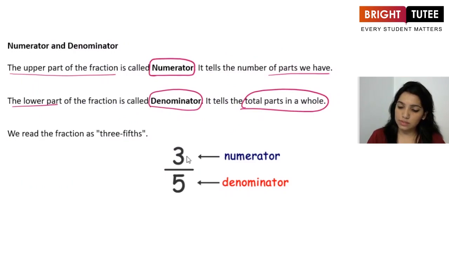So here you see in front of you it is 3 over 5. 3 is the numerator and 5 is denominator. And how do we read this fraction? We read it as 3/5, right? This number which is sitting on the top is written as it is 3, and the number at the bottom is written as 5.